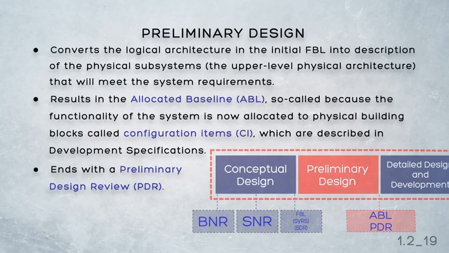Now, it ensures that the design effort that preceded was appropriate, that it focused on the appropriate level of physical design, and it ensures the technical adequacy of the proposed solution. It also focuses on technical risk and makes sure that the solution proposed in the ABL matches the functional baseline. Preliminary design also investigates the interfaces between configuration items and the compatibility of each of those configuration items.